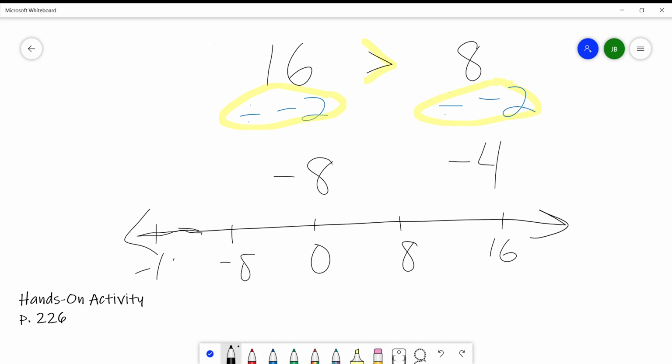Got it? You tracking with me? So 16 is definitely greater than 8. It's farther to the right on the number line. However, between -8 and -4, which one is greater? -4 is greater. Wait a second.